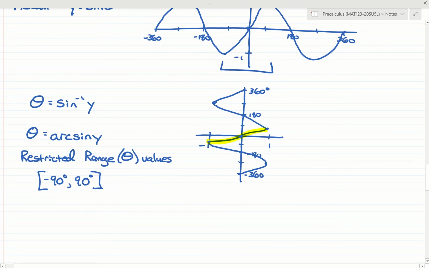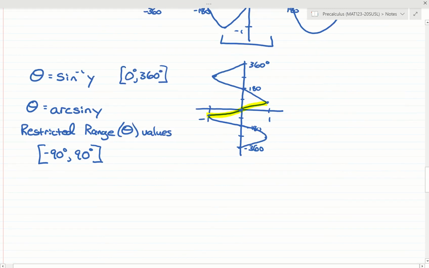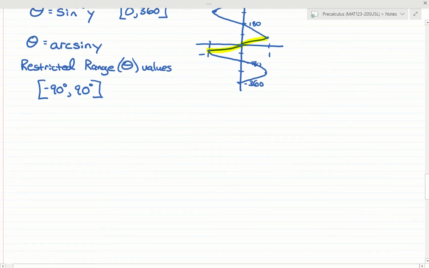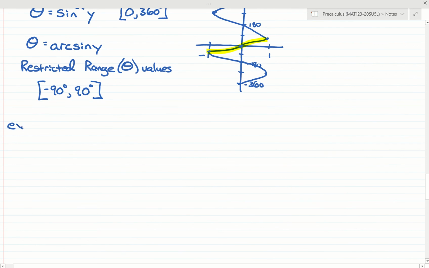Typically when we're answering questions on inverse, we're looking to go between like 0 and 360. This will be stated in the problem. But whenever you see arc, that means that you have to give an answer between negative 90 degrees and 90 degrees. So let's do some examples with this.